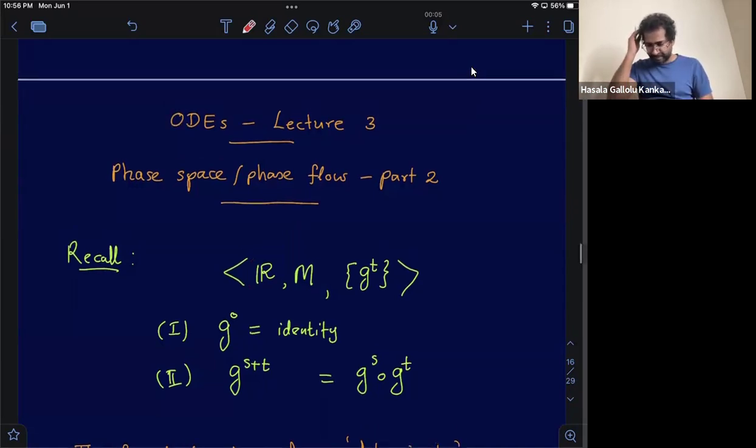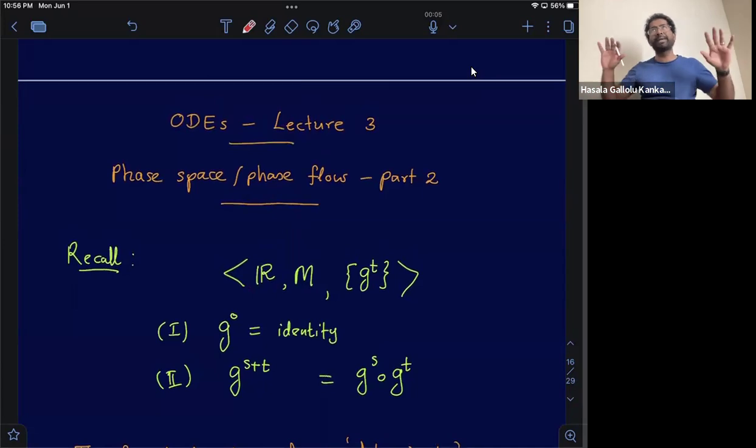And then, don't forget, we need to have a space where the dynamics would actually occur. That is this set M. Up to this point, we just simply said this is going to be any arbitrary non-empty set. This is not the best thing, because we're trying to talk about differential equations, which have really good structure, but we're not giving much structure to this space where the dynamics would occur.